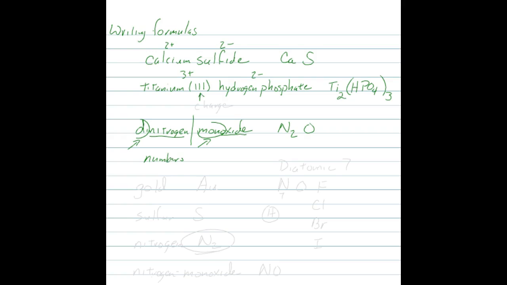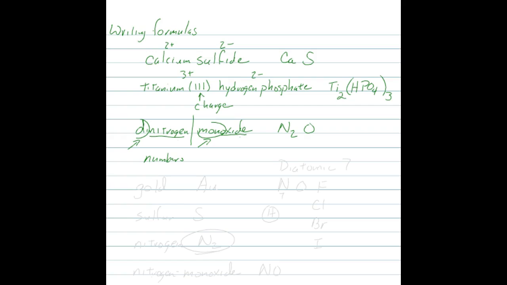Roman numerals tell you the charge. You can't have charges on this because nitrogen's negative, oxide's negative. So if they're both negative, you can crisscross to cancel out and get a 0 charge on them.